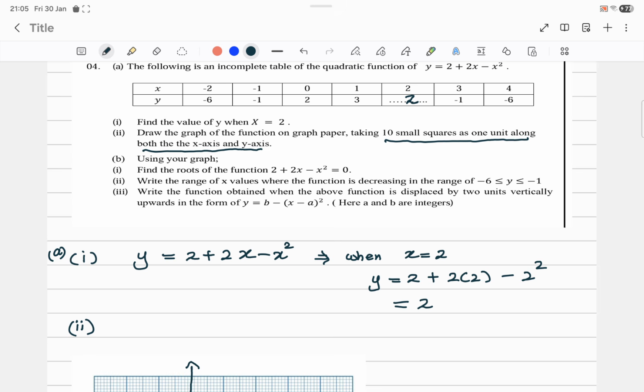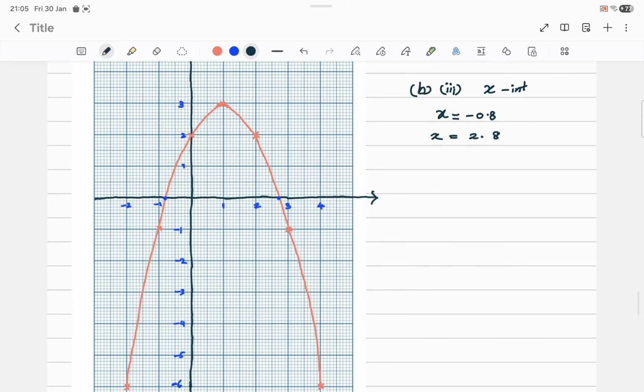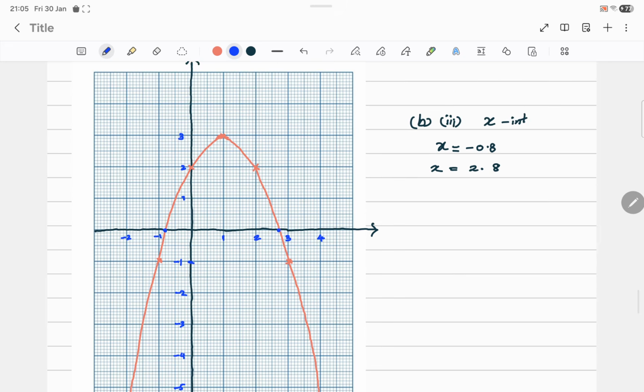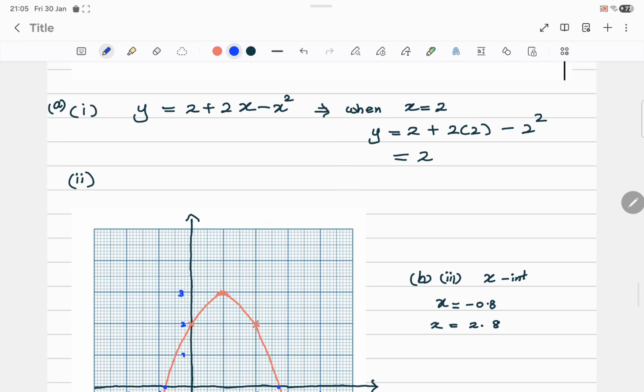Then write the range of x values where the function is decreasing in the range of minus 6 to minus 1. Minus 6 to minus 1. So this is minus 6 to minus 1.